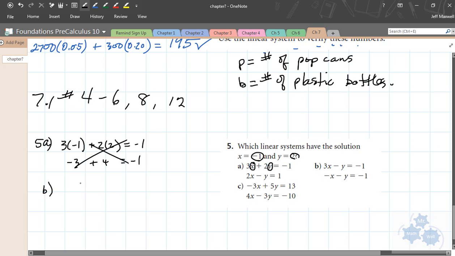If you go to B now, check that one. 3 times -1 minus 2 equals -1. So this is -3 minus 2. Does that equal -1? No. Doesn't look like that's a solution either, so it doesn't fit on this line.